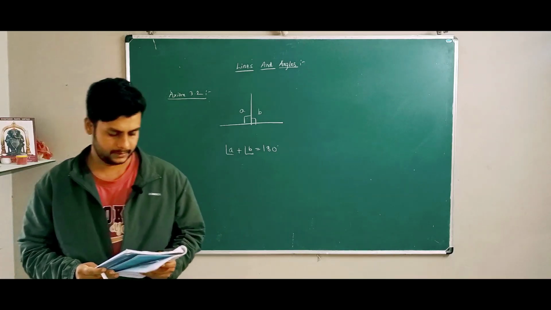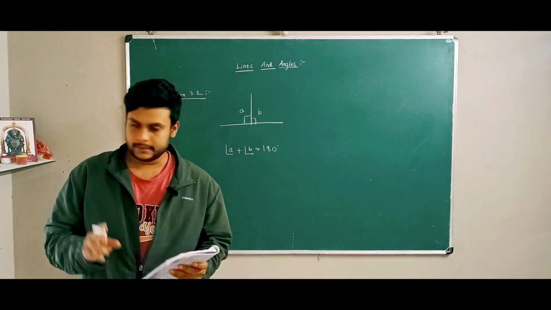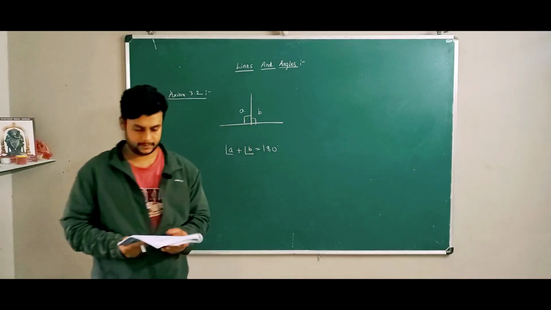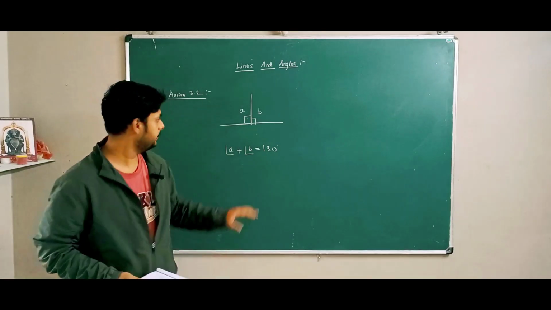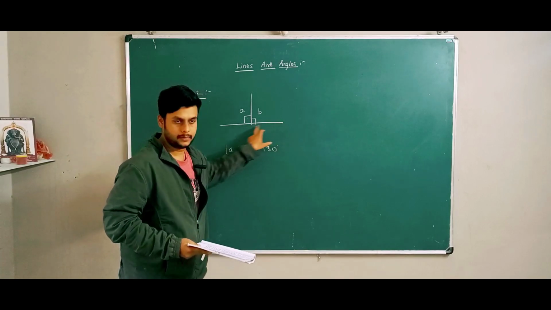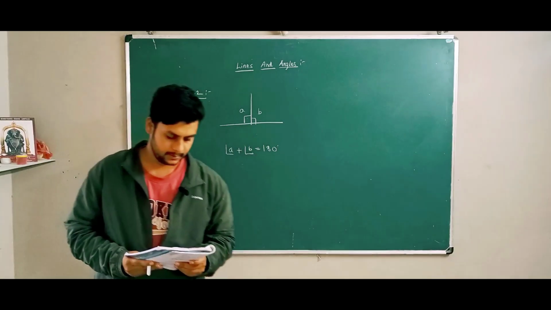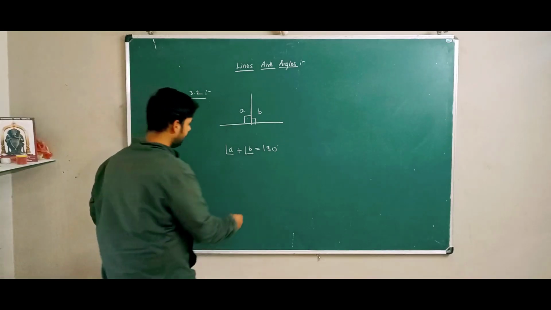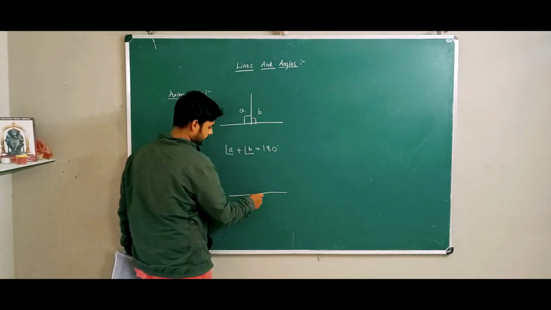Read, once again I will read. If the sum of two adjacent angles is 180 degrees, then the non-common arms, these are the non-common arms, this and this, then the non-common arms of the angles form a line. They are forming a line or no? Line.